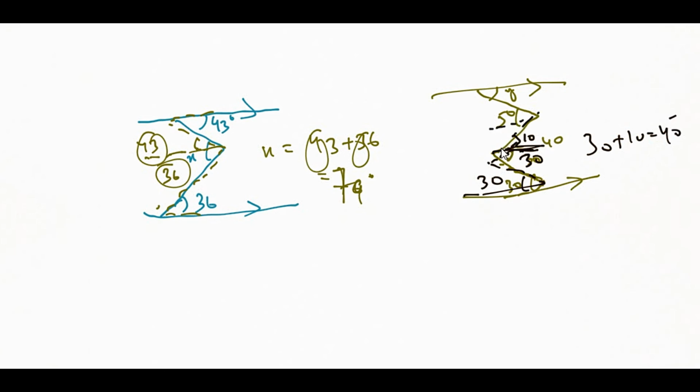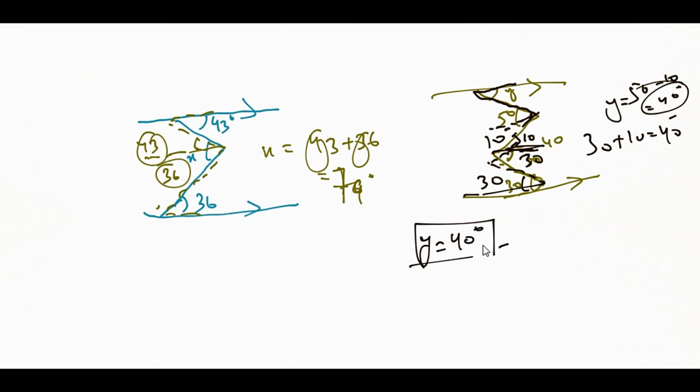Now this z means that this is 10 degrees, and if this is 10, then the value of y would be 50 minus 10, that is equivalent to 40. This is 40. I hope that it's clear now, the formation of that concept.